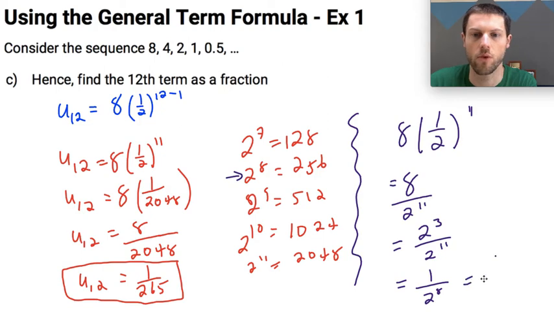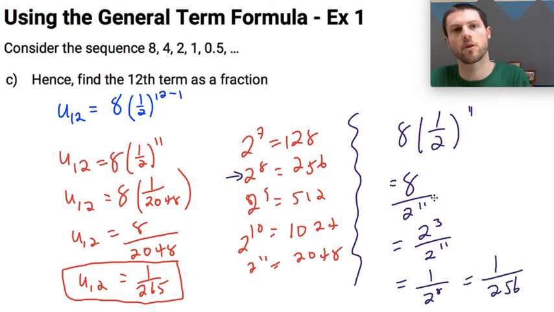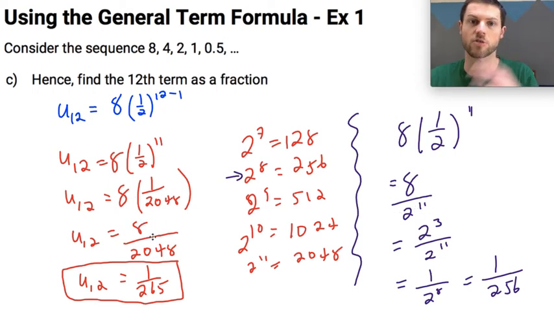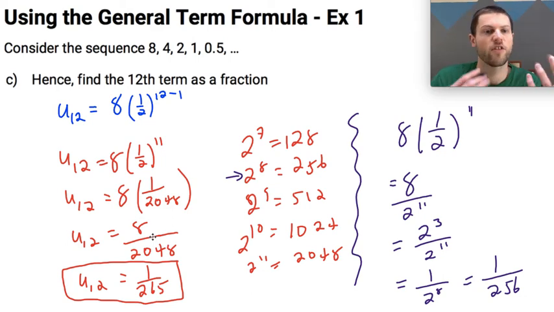This is also equal to 1 over 256. So sometimes it's best not to multiply and expand everything, and to see if we can simplify first. So that's a different way to calculate this. No one way is necessarily right or better, but consider that for your own understanding.